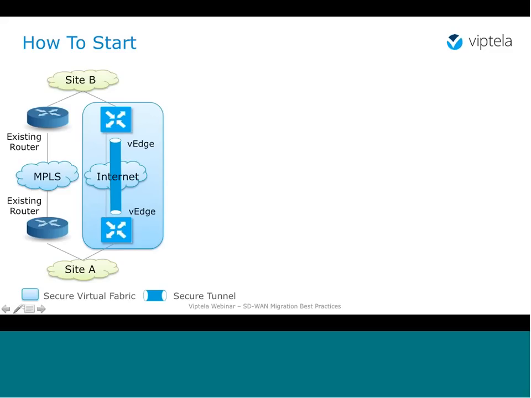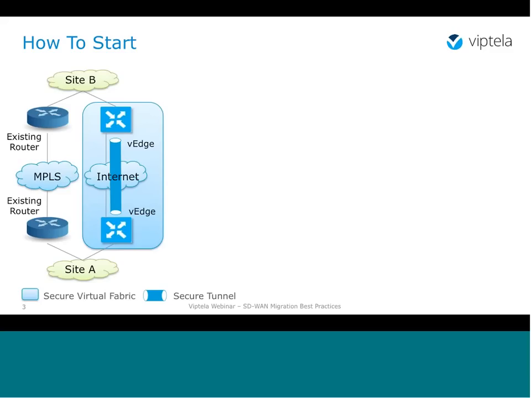On the left, you can see your traditional existing MPLS network, which is based on your existing CPEs. Now, you want to ease into looking at how SD-WAN is going to be incorporated into that network. Many organizations want to start slow and ease into this.